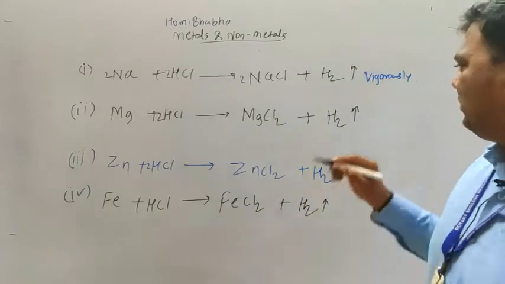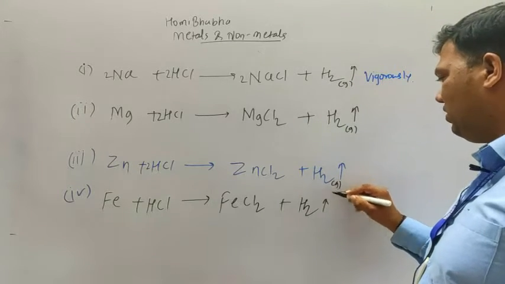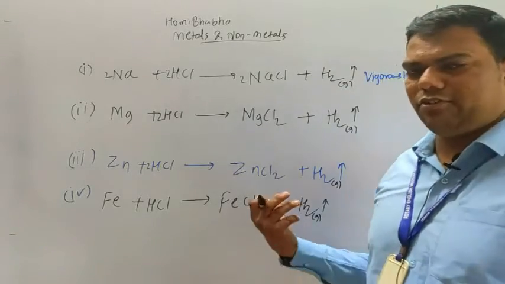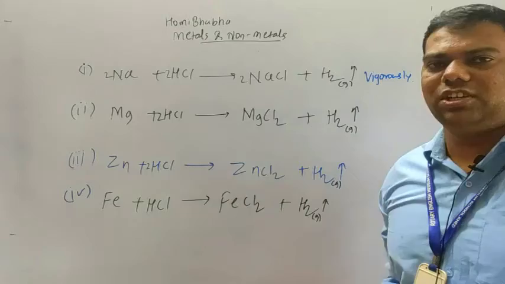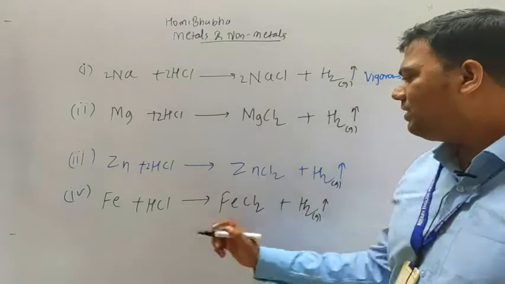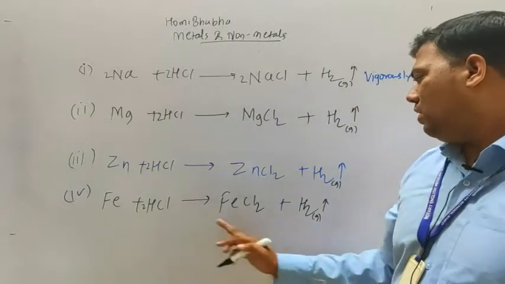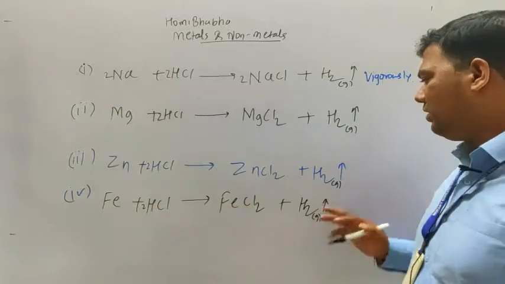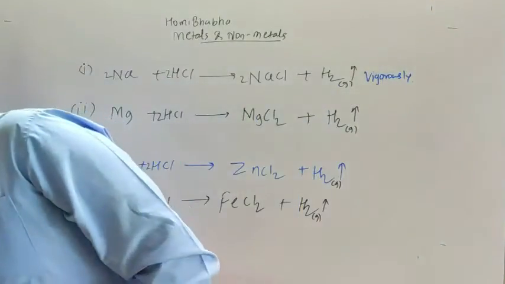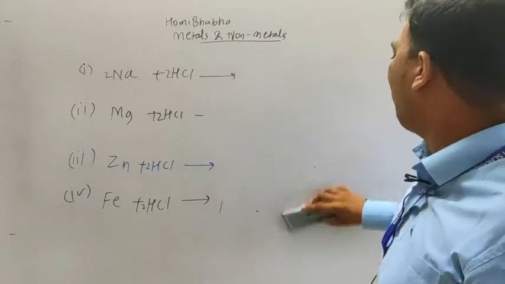To make your reaction more informative, we can write the physical state of hydrogen gas, or we can say state symbols. For balancing, take 2 here: 1 Fe, 1 Fe, 2 Cl, 2 Cl, 2 hydrogen. Now these are some reactions we saw. Our fifth reaction is very important.